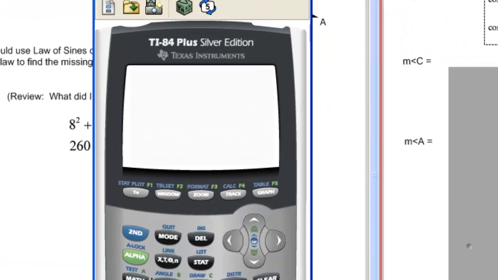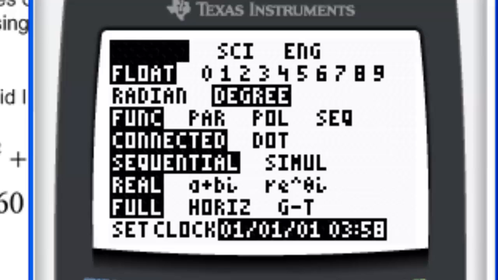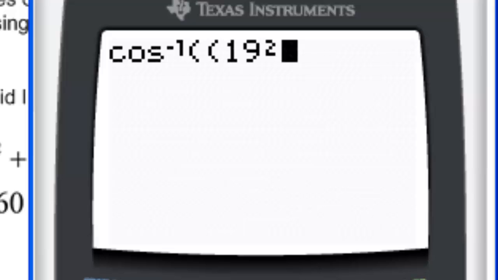So now I'm going to type that in my calculator, and I can type it in one step. I'm going to hit inverse cosine, making sure that my mode's in degree. I'm going to put the top in its own parentheses.